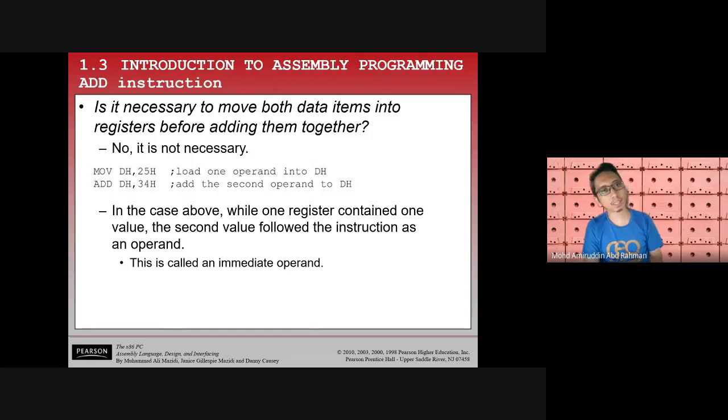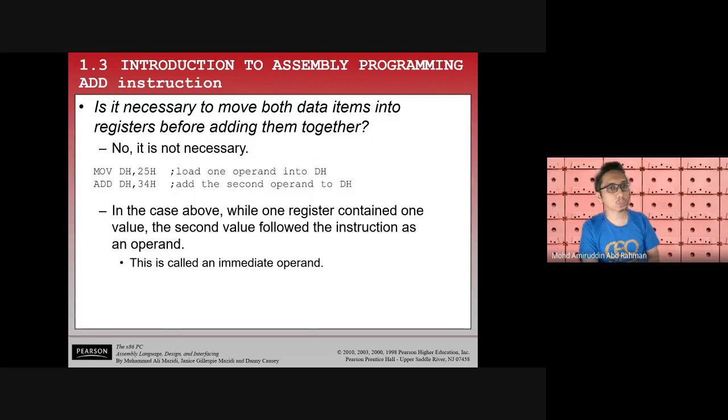So what happened here? DH becomes 59. But when we don't move the value of 34 to any other register before, we don't know what value was added to that DH. We only know the result, which is 59.